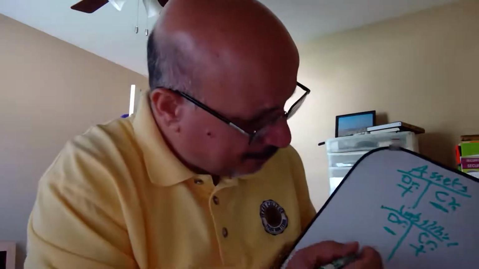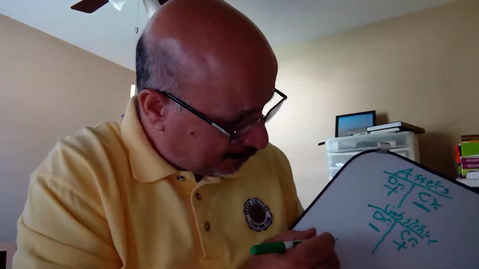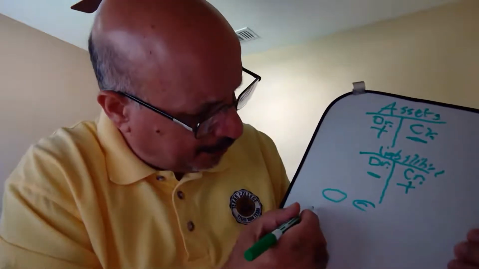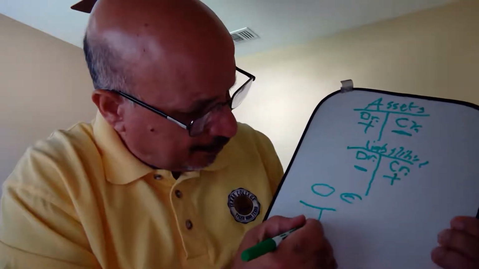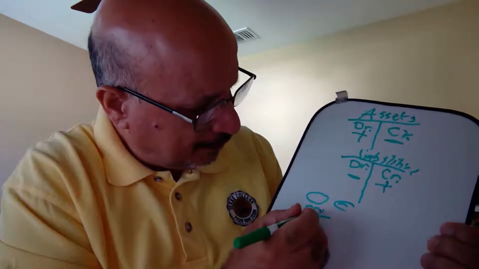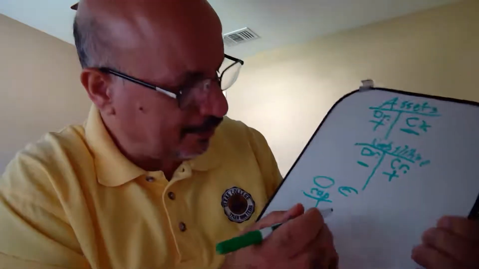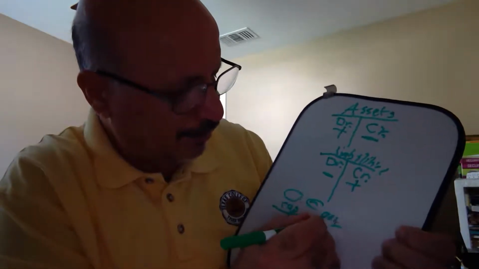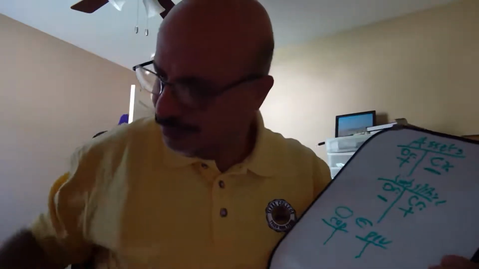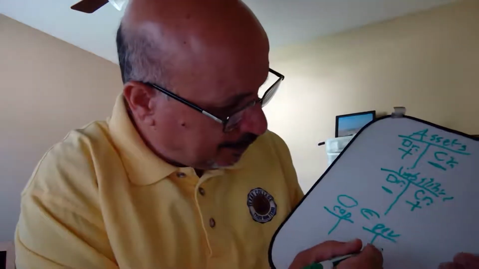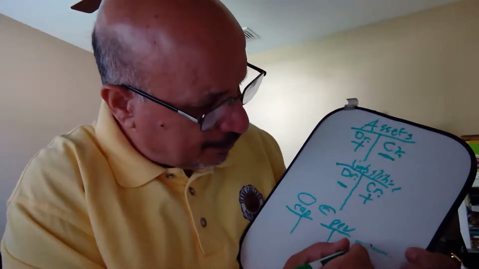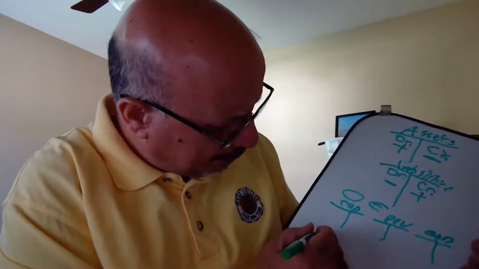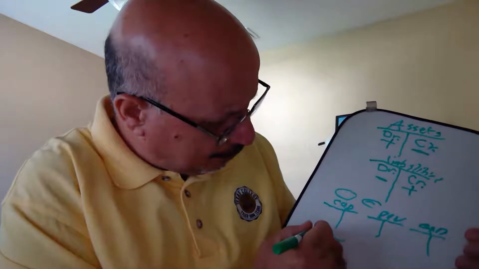So under owner's equity, we have capital, revenues, expenses, and withdrawals.